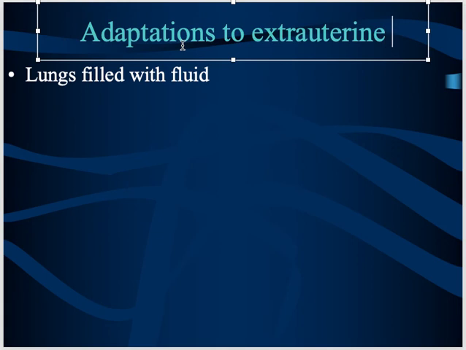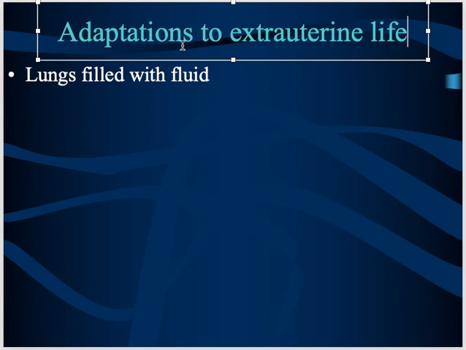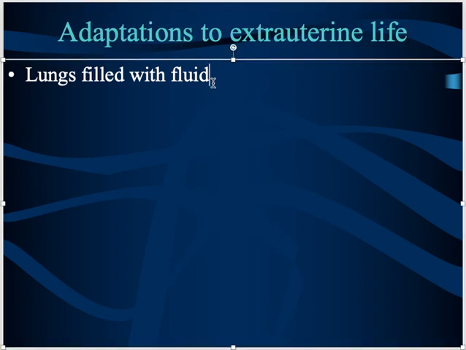Uterine life is when they're inside, extrauterine when they come out. So the lungs are filled with fluid when they are inside the mother, and when they are inside the mother, they are in a low oxygen environment.